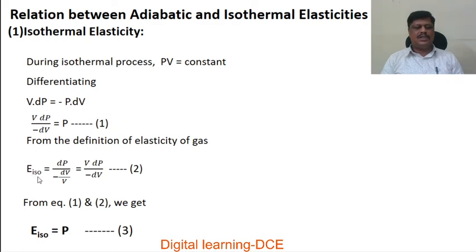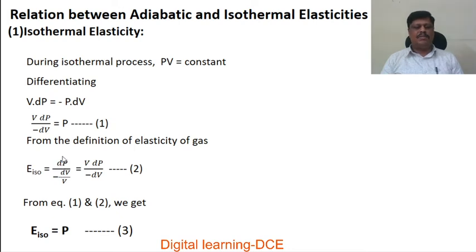We all know that in the elasticity chapter there are three moduli of elasticity. For a gas, we consider only the bulk modulus. Bulk modulus is defined as the ratio of bulk stress, or volume stress, to the volume strain.